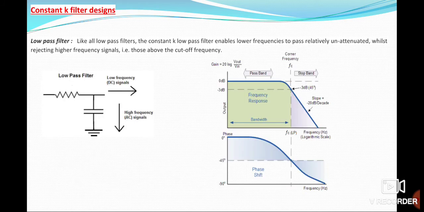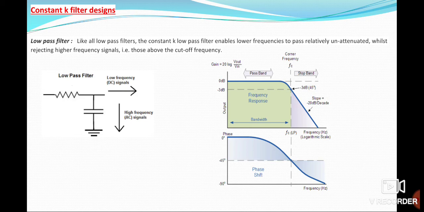So, here are the following K filter designs. First one is the low pass filter. As the name suggests, the constant K low pass filter enables lower frequencies to pass relatively unattenuated while it rejects the higher frequency signals, that is, those above the cutoff frequency.